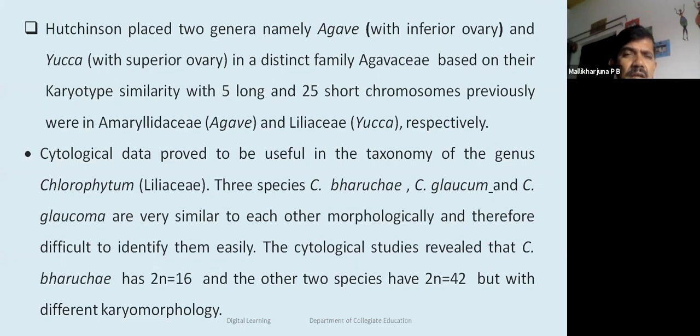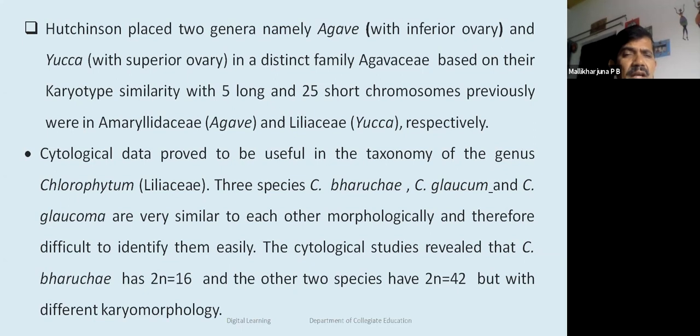Based on karyotype similarity, both are having 30 chromosomes, out of which 5 are long and 25 are short. So based on this, although their ovary is either inferior or superior, these two genera are kept in a separate family, known as Agavaceae.